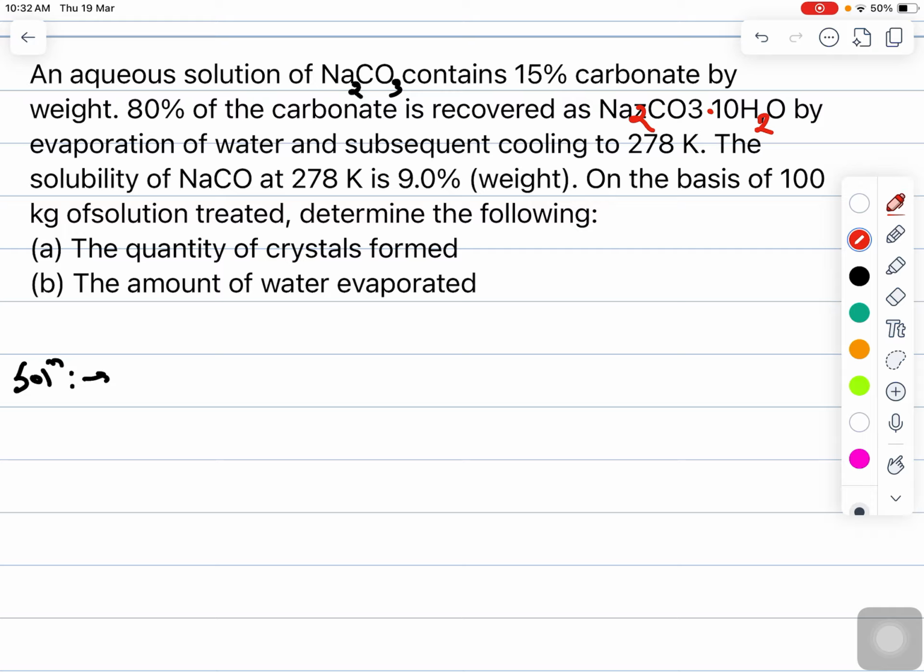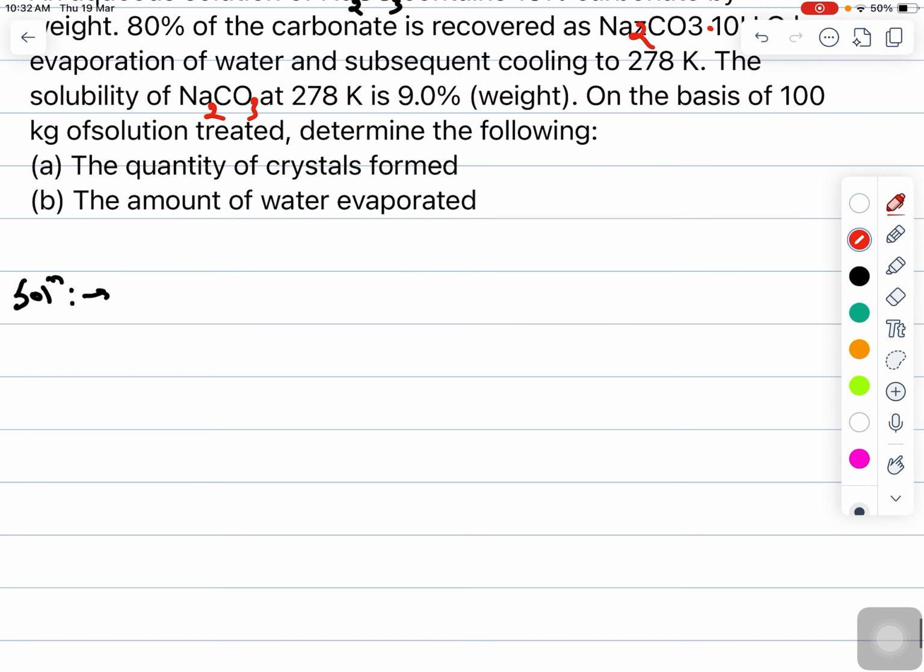The solubility of Na2CO3 at 278 Kelvin is 9% by weight. On the basis of 100 kg of solution treated, determine the quantity of crystals formed and the amount of water evaporated. So first, you have to make some kind of schematic.